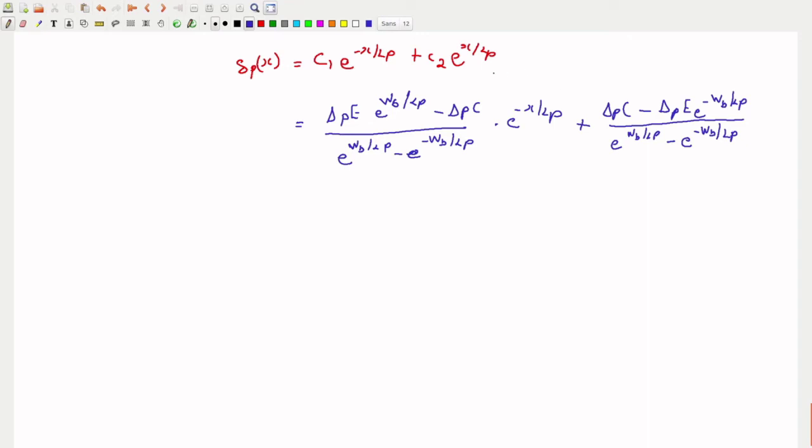This minus is being adjusted. Into, this term is remaining, into e raised to x by LP.